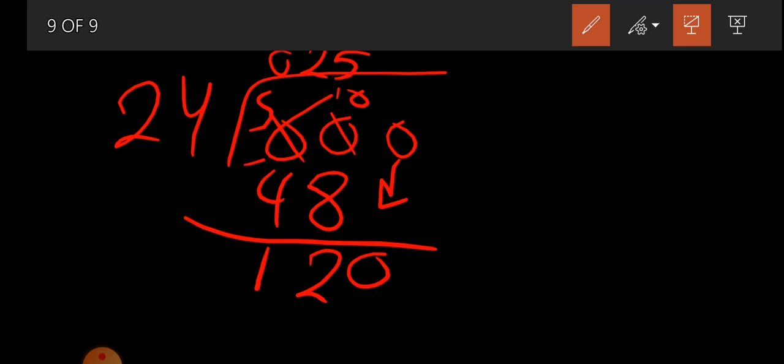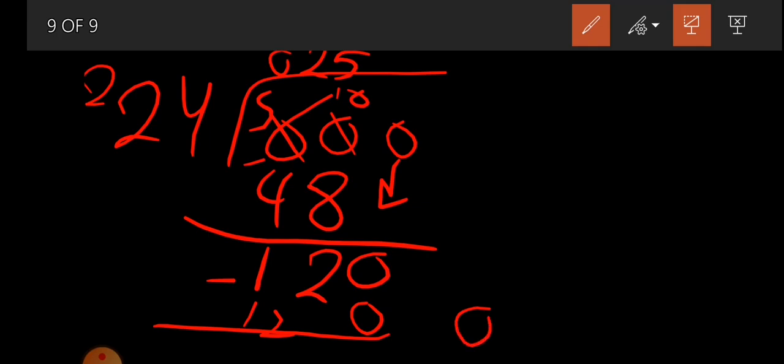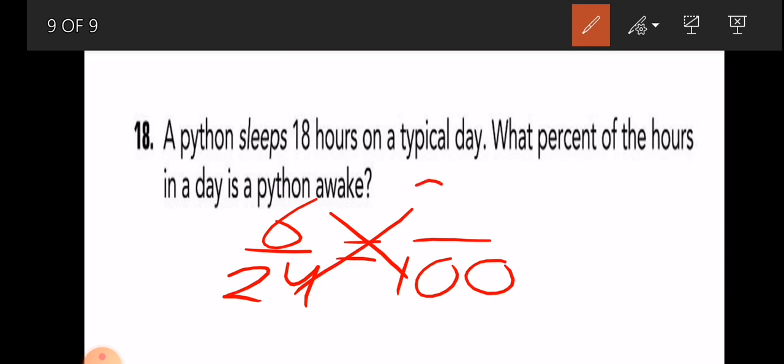I will try 5. 4 times 5 is 20. 2 times 5 is 10 and 2 is 12. Subtract, 0. So it's 25. 25 over 100 means 25%.